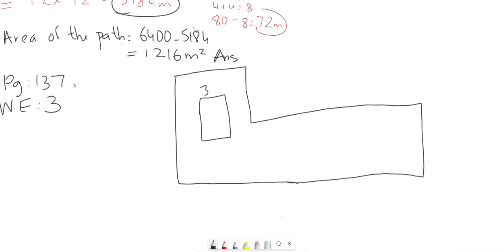This is 3m, this is 5m, okay, this is 20m, this is 9m, this thing is 7m, and this is 8m. Okay, these are the values given to us.